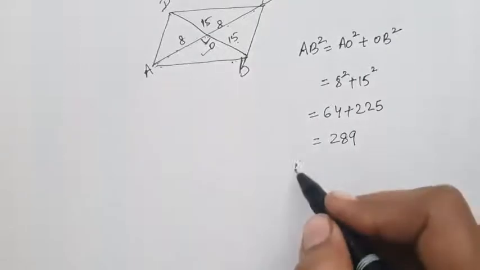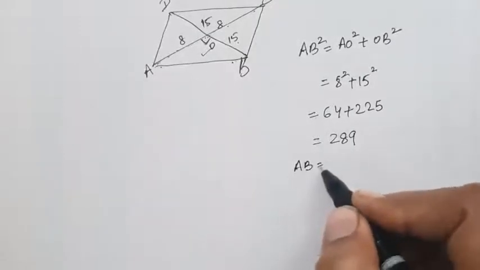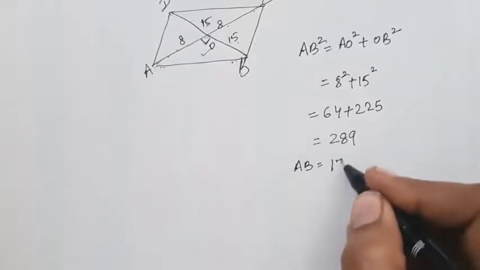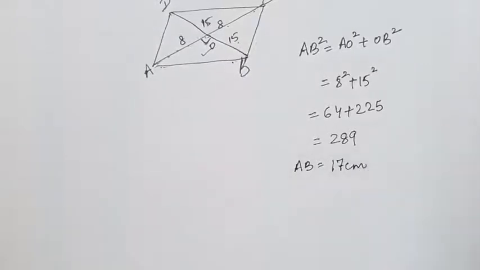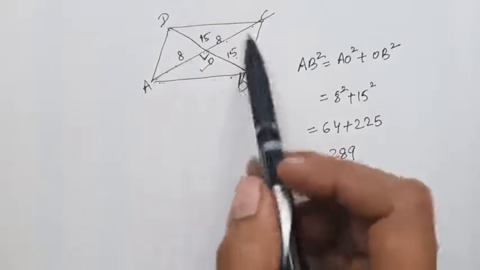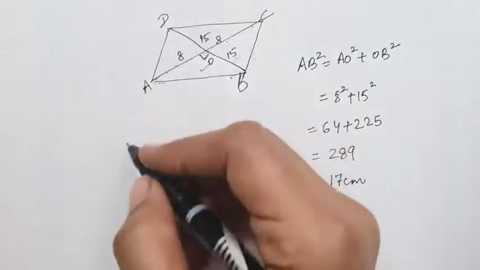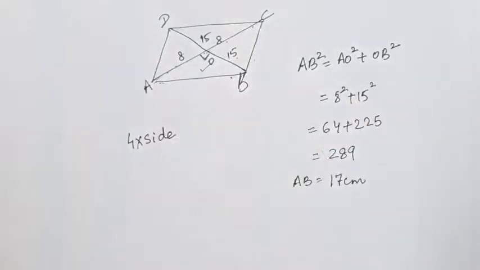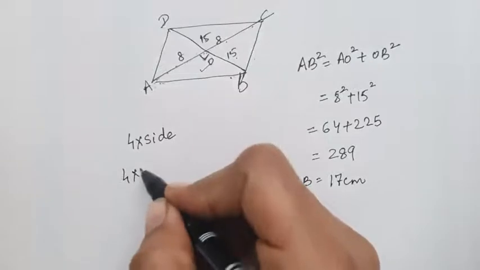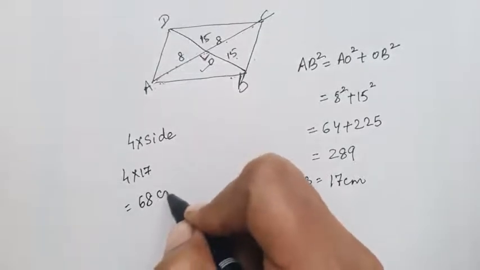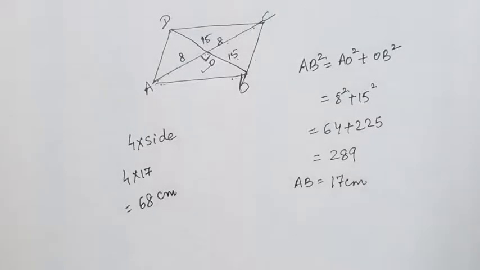So the value of AB, that is the side of the rhombus, we got is 17 centimeters. Since we have to find the perimeter of the rhombus also, the formula is 4 into side. Now 4 into 17, that is 68 centimeters.